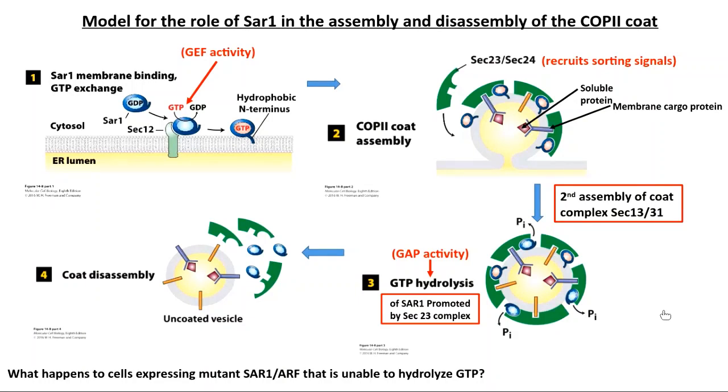Since the hydrolysis provides energy to release all these coat proteins, if the hydrolysis doesn't happen, this vesicle won't have the energy, so the depolymerization or coat shedding won't happen. If the coat shedding won't happen, these v-SNAREs won't get exposed. If the v-SNAREs don't get exposed, the vesicle will not be able to fuse with the target membrane.